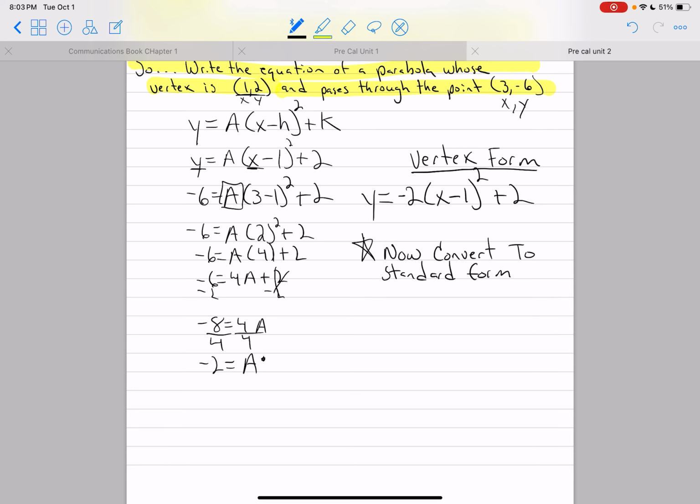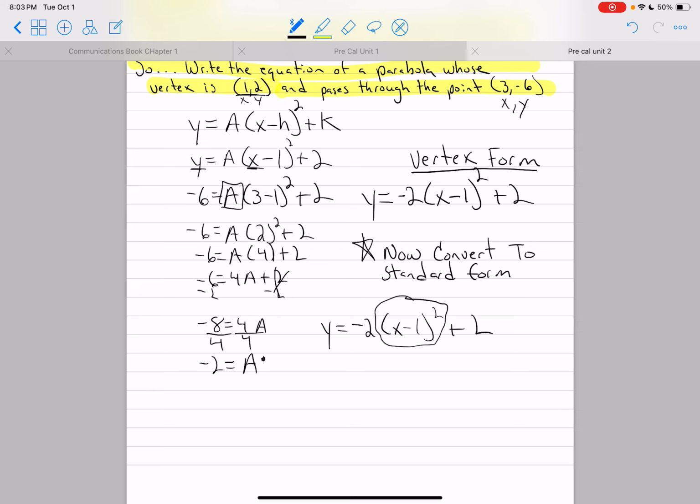Okay. Well, I can do that. All I'm going to do is I'm just going to multiply this thing out, and I'm going to simplify it. That was ugly. All right, so y equals negative 2 times (x minus 1) squared plus 2. Okay, well, I can do this part. What is (x minus 1) squared?